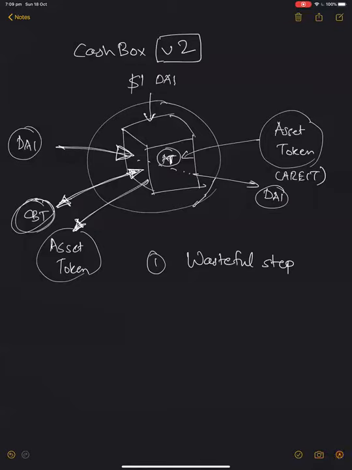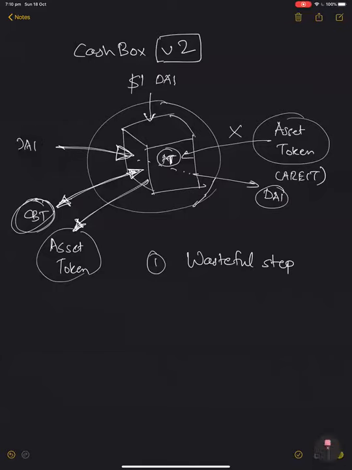The second issue is if somebody has asset tokens over here, and nobody has put in DAI yet. So the CashBox is empty at this point in time. Then you can't really put the asset tokens.